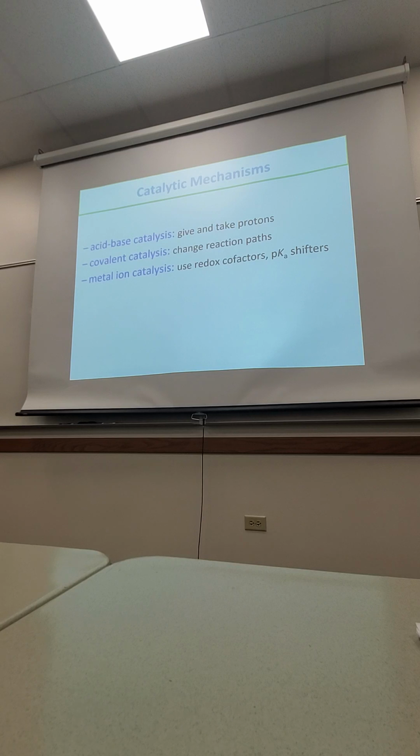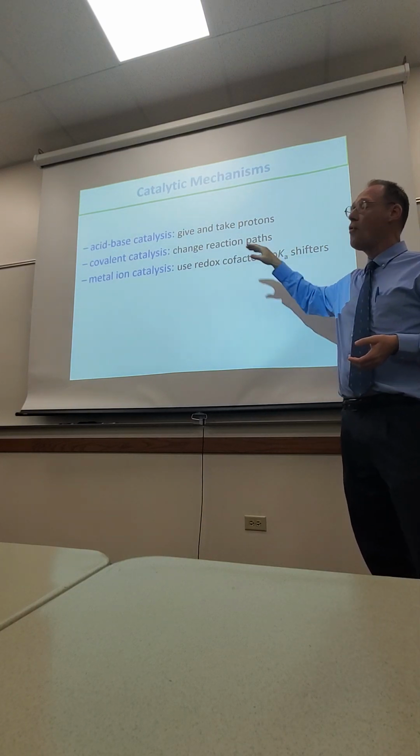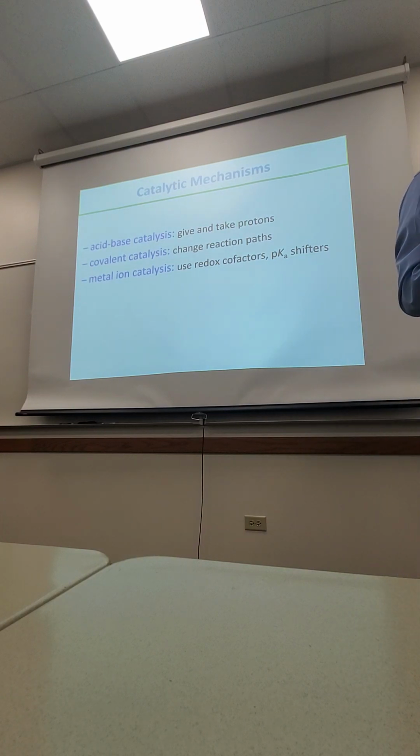So is that the enzyme acting as an acid or base? Uh-huh. Okay. Covalent catalysis, if it's really happening, at some point during the reaction, the actual substrate covalently attaches to the enzyme, covalent catalysis.